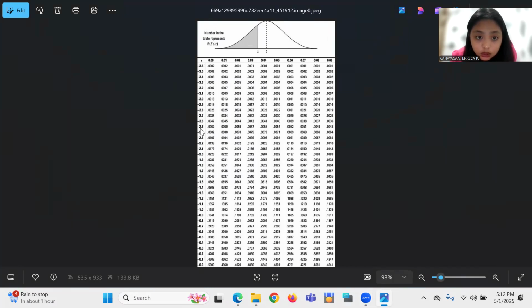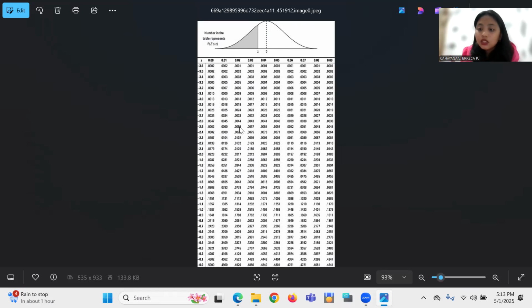That is where you are going to find how far your score is from the standard deviation. So negative 2.5 and the standard deviation is 2. Am I right?